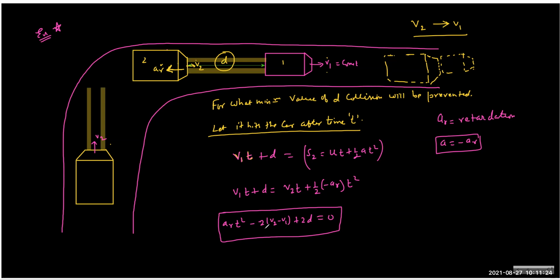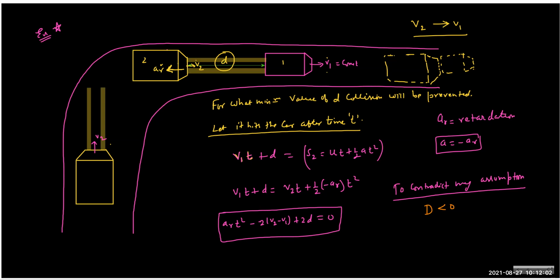So now I want to contradict my assumption. What will I do? I will say that there is no real answer, because I don't want to collide actually. I want to prevent the collision. So for no real answer, we know that the discriminant of the quadratic must be less than 0.